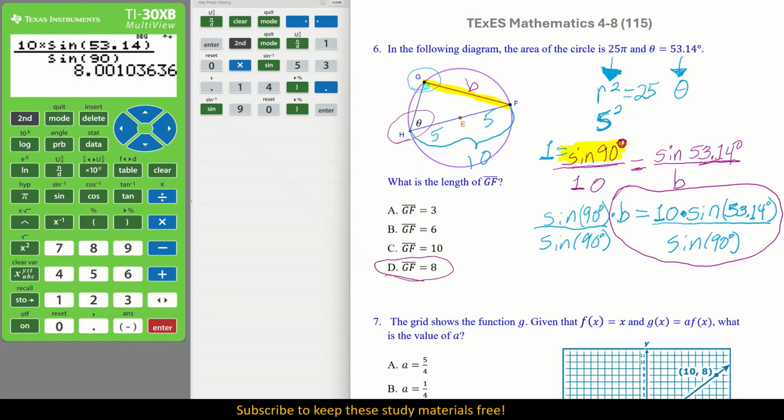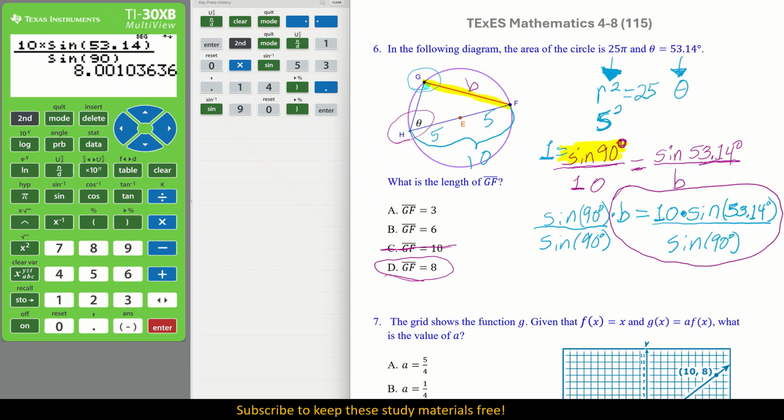However, I do want to point out a couple of things. One thing is that C could not be an option because just from common sense, we know that B is not going to equal 10, because then we would not have a triangle. It's kind of a trick question.